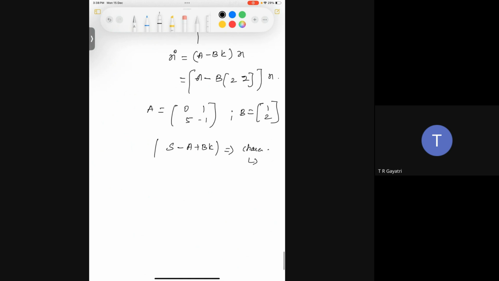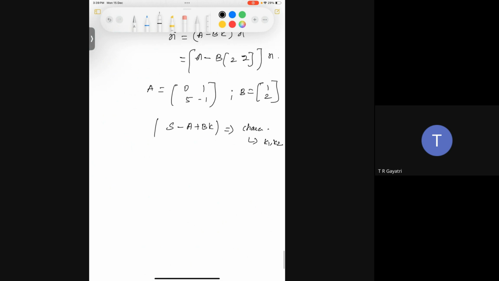From this characteristic equation, we found K1, K2. The same thing we are going to do, but we will straight away put the K value and find the characteristic equation instead of knowing the characteristic equation and equating it, right? The steps will be the same. So you will have 0, 1, 5, minus 1, minus of 1, 2 into K, which was given as 2, 2, whole into x.